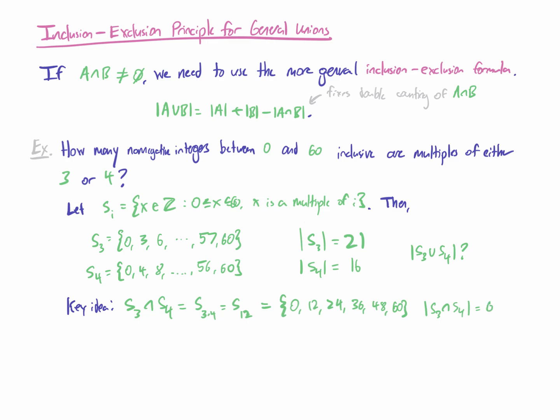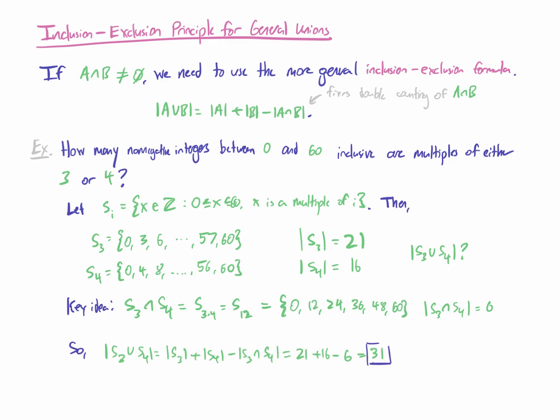So now I have all the ingredients that I need for my solution. So the size of the union is equal to the size of S3 plus the size of S4 minus the size of S3 intersect S4, which is equal to 21 plus 16 minus 6, which gives us a total of 31.